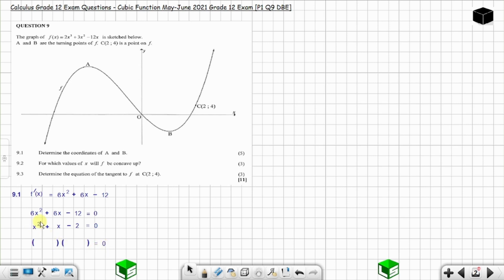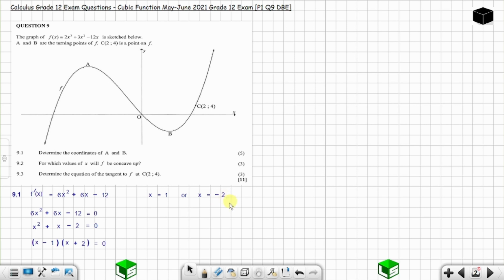You have x squared, so you are going to have x times x, and for the 2 you are going to have 1 times 2, and you have plus 1x. So you need negative there and plus there. This is going to give you x is equal to 1, or x is equal to negative 2.